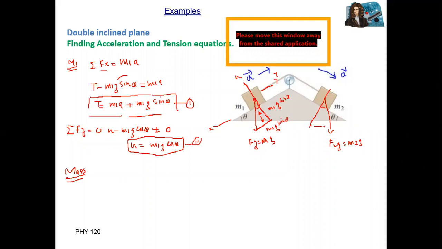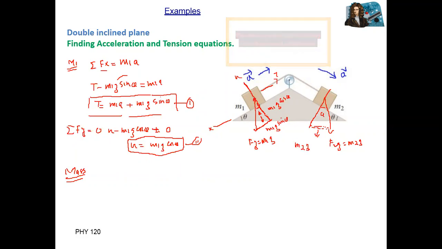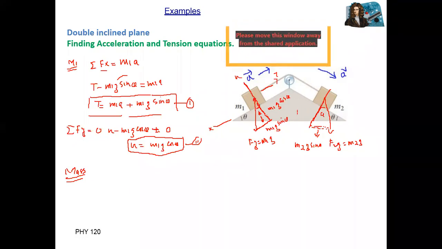So this side is m2g into sine of theta, and this adjacent side is m2g into cosine of theta. We also have the tension force here.